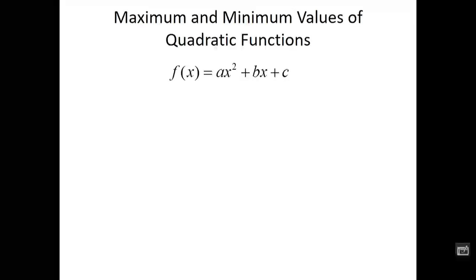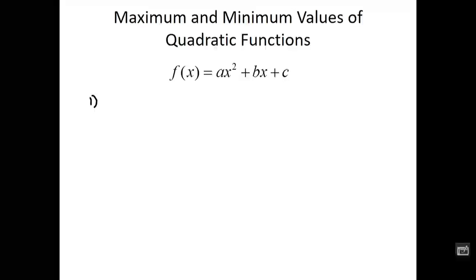Let's now discuss minimum and maximum values of quadratic functions. Given the quadratic function in the form f of x is equal to ax squared plus bx plus c, let's recall what we have said here.